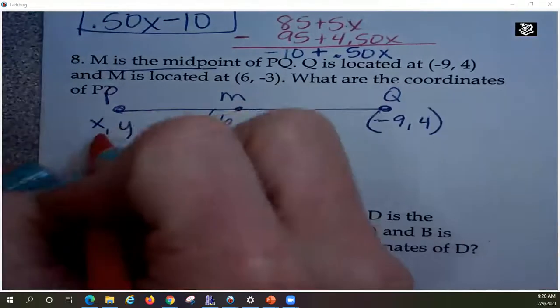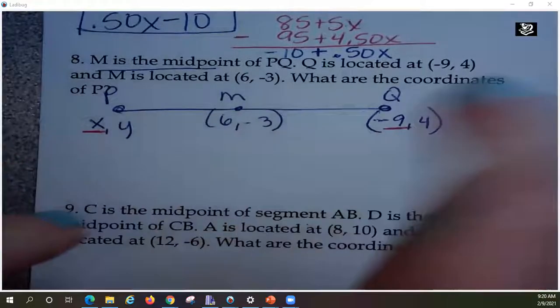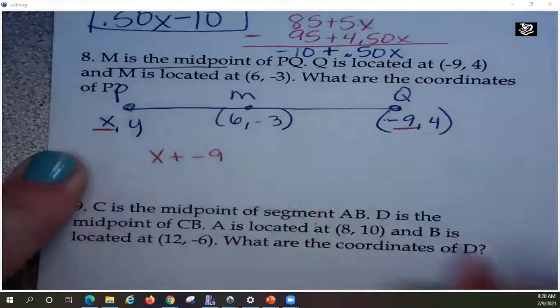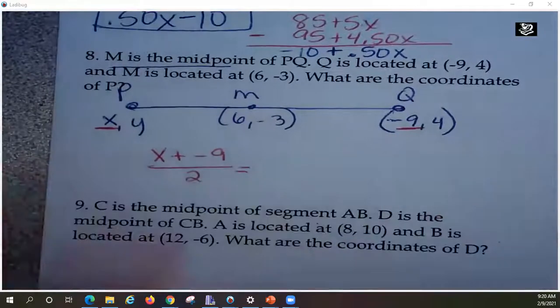Okay, so we take the ends and we do x plus -9 divided by 2, and we know what it equals.